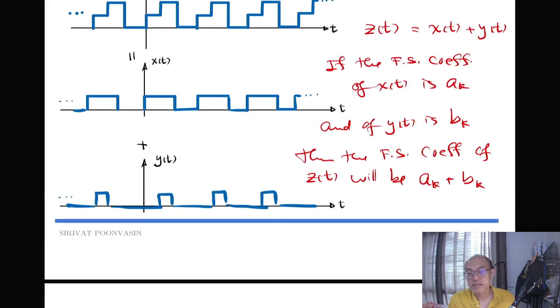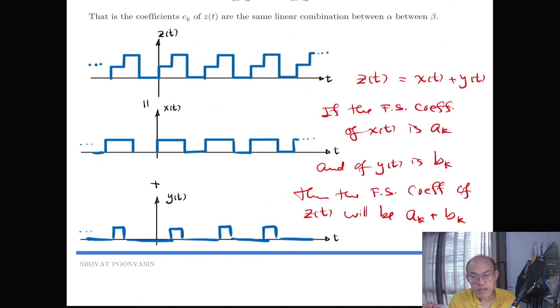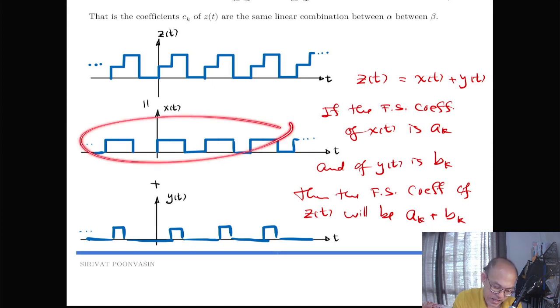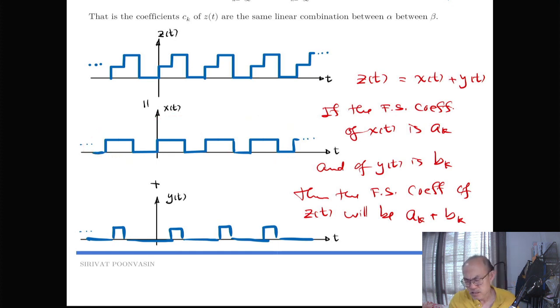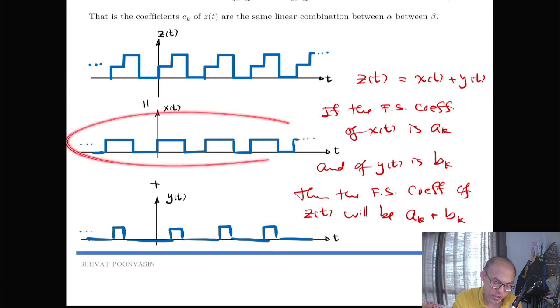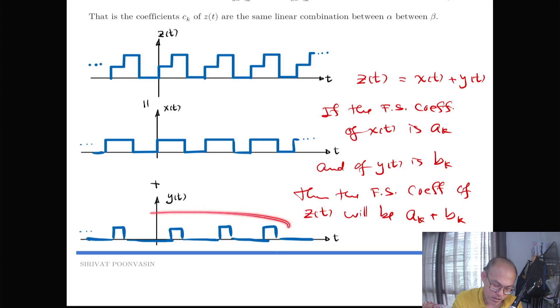Okay, that is convenient, right? Now, the question is, how do we find the Fourier series coefficients a_k and b_k? This is for a_k and this is for b_k. Now, how do we find them? Here, you see, x(t) looks like a triangular pulse signal. y(t) is also a triangular pulse signal.